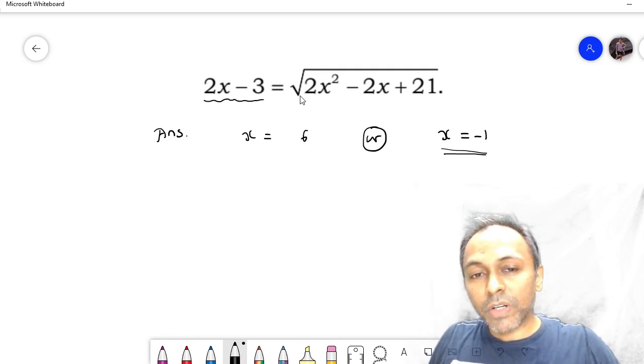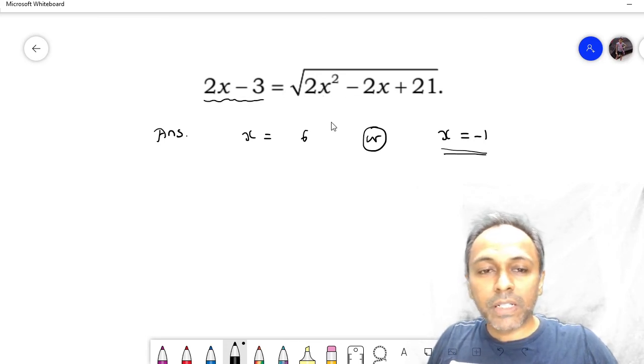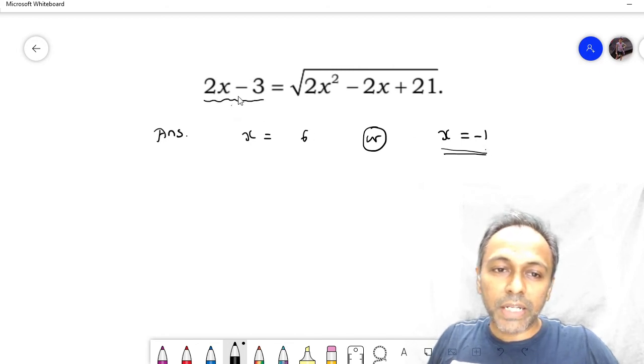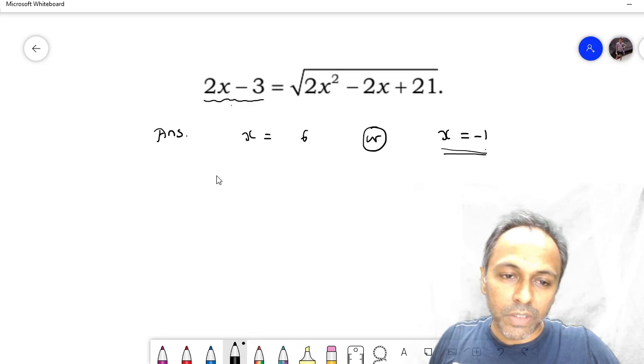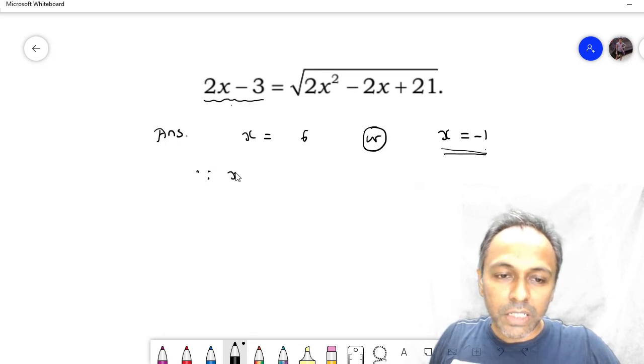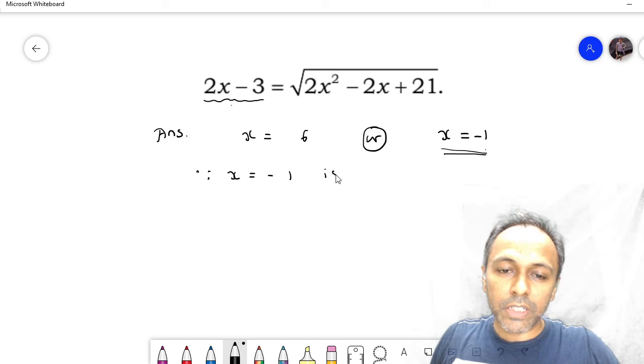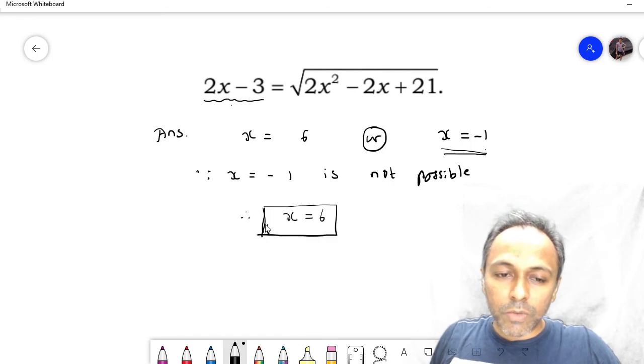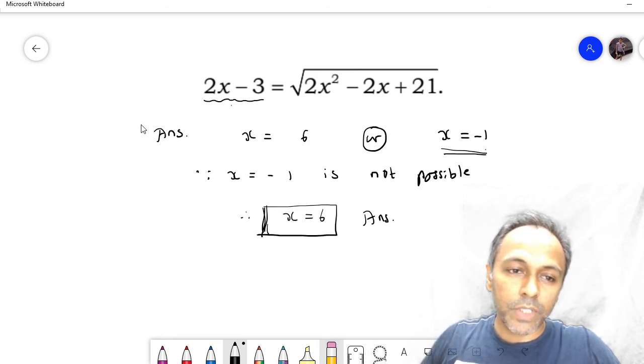And if an expression is already square rooted, its answer will always be taken as positive. So when you put x as minus 1, you will get minus 5. That is not acceptable. So we will write, since x is equal to minus 1 is not possible, therefore x is equal to 6. This is the only answer and not x equal to minus 1.